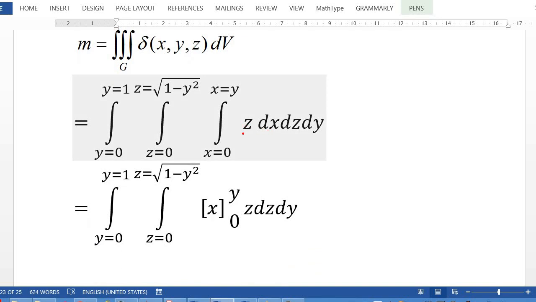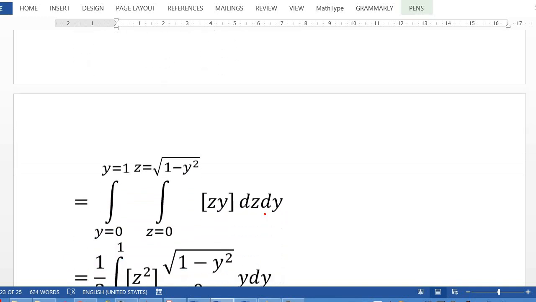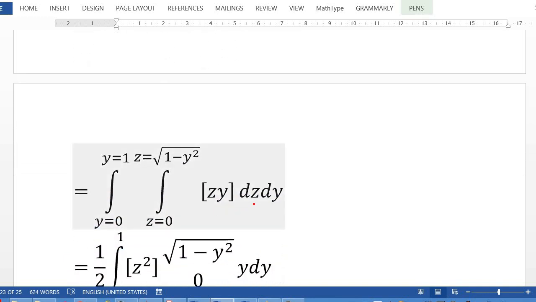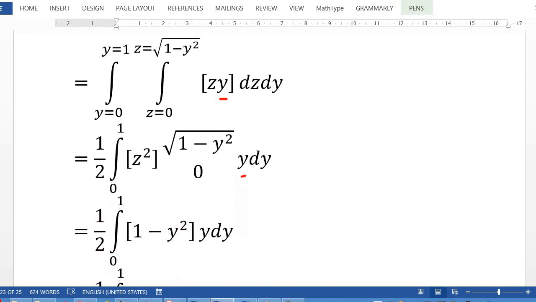Integrate z with respect to x. z is a constant, so factor out. We integrate to get zx. Plug in the limit, so you have zy. Then you integrate with respect to z, where y is a constant. So you have z squared over 2, y is here. Plug in the limit for z from 0 to the square root of 1 minus y squared.